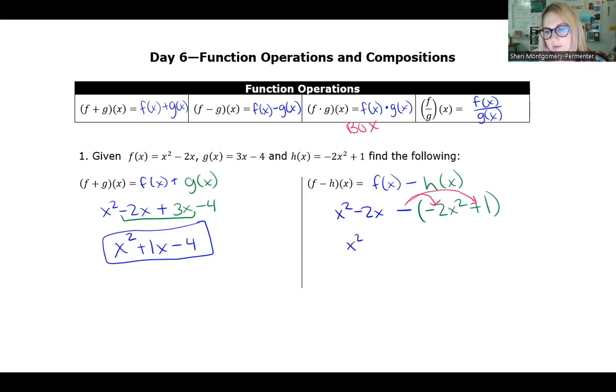So I get x squared minus 2x, negative times a negative is going to be a plus 2x squared minus 1. And now I can combine like terms. It looks like I can put these x squared terms together, and that's the only thing I can put together. So I have 2, and then I have 1 here. So 3x squared minus 2x minus 1.